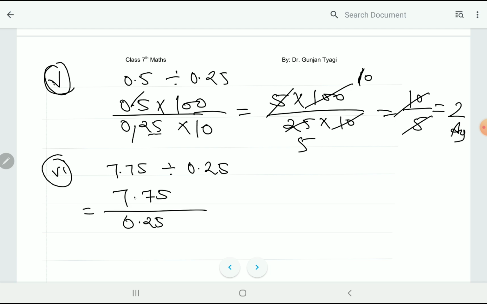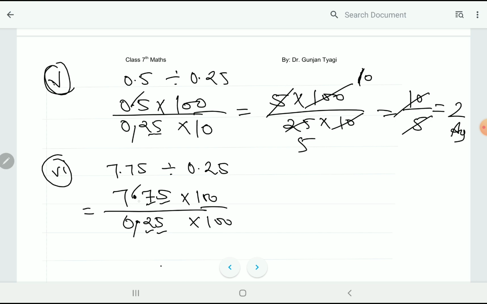There are 2 digits after the decimal in the numerator, and in the denominator also 2 digits after the decimal. So when you multiply these numbers, you will remove the decimal from these decimal numbers. You will multiply the denominator by 100 and the numerator by 100 too.